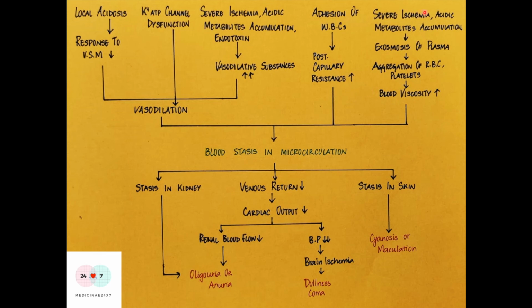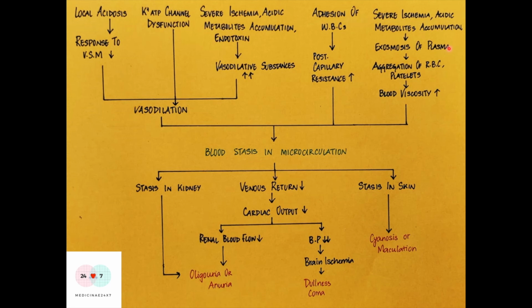Severe ischemia and acidic metabolite accumulation also lead to exosmosis of plasma. Further, it causes aggregation of RBCs and platelets and increases the blood viscosity. Whenever there is increased vasodilation and blood stasis, the hydrostatic pressure on the vascular wall increases.